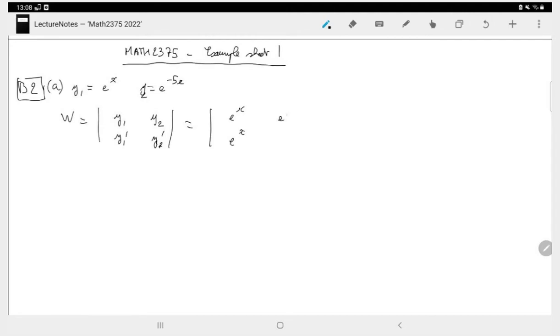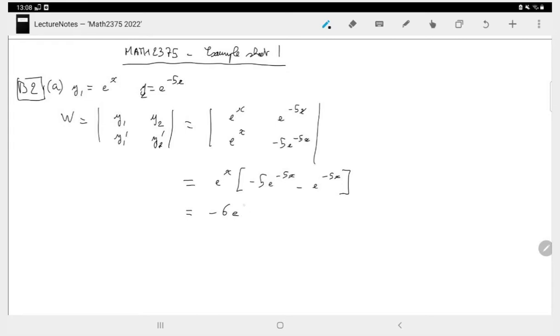And for y2, we get e to the minus 5x and minus 5 e to the minus 5x, which is its derivative. Calculating the determinant of this matrix comes down to e to the x times minus 5 e to the minus 5x, minus e to the minus 5x. So in other words, the Wronskian is equal to minus 6 e to the minus 4x.